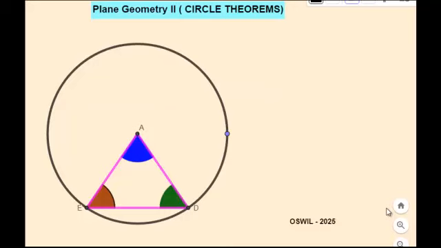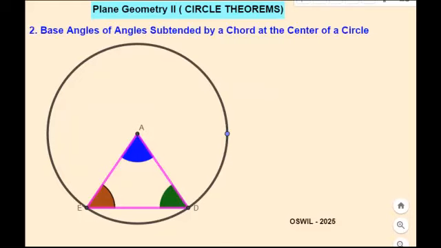Today, I would like us to look at plane geometry 2, that's circle theorems, and under that we are going to consider the topic base angles of angles subtended by a chord at the center of a circle. Base angles. Look at the diagram on your screen.